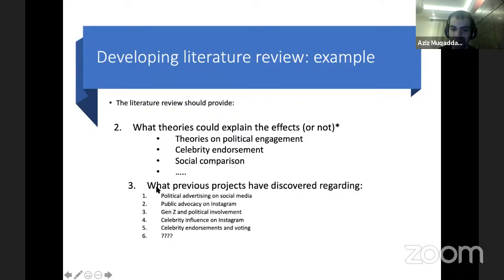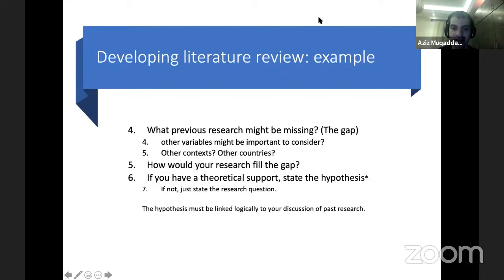So that's what I mean when you say what previous projects have discovered, and then what previous research might be missing. So you could say, well, previous research into the effects of political advertising on social media, and they looked into the effects of celebrity endorsements outside of politics, right?